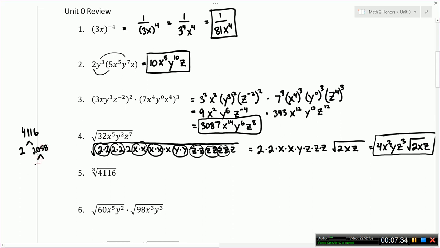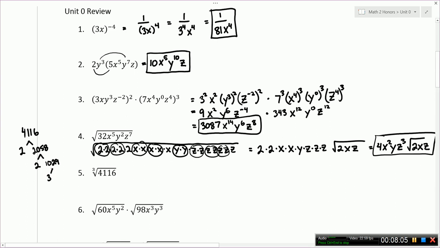Again, it's even, so I'm going to cut it in half again. 1,029. It's no longer even, so we have no more factors of 2, and so we can try some other things. Ends in a 9, we could see, well, maybe this is divisible by 3, maybe it's not. Like 29 is not divisible by 3, but let's try it out, and in fact it is.